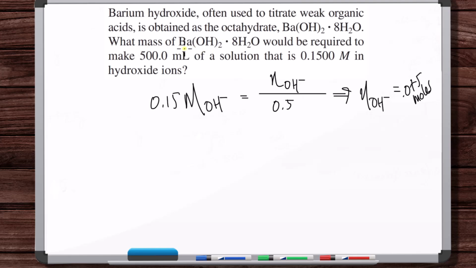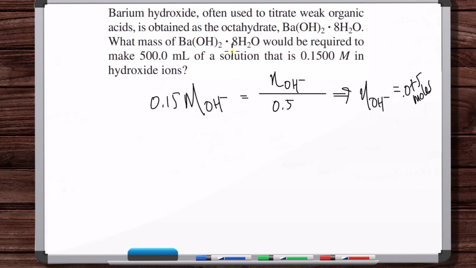But now it's asking us for the mass of this barium hydroxide octahydrate that you need to dissolve to get a concentration of 0.075 molar hydroxide ions. We still need to consider the 8 waters in the mass of the compound being dissolved, because to prepare a solution like this from a substance with this chemical formula, for each unit you're also weighing out 8 water molecules.